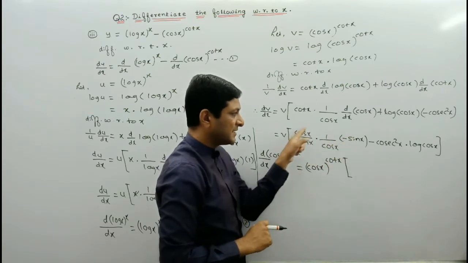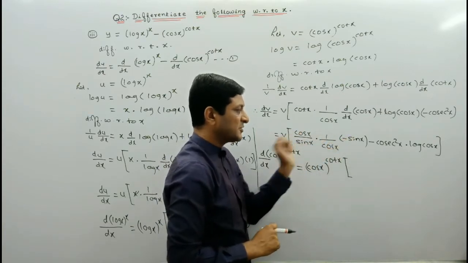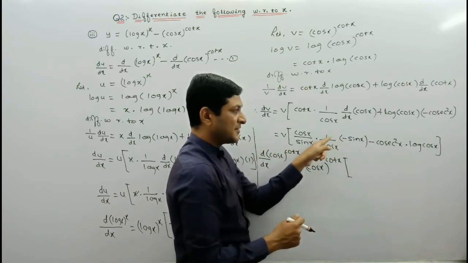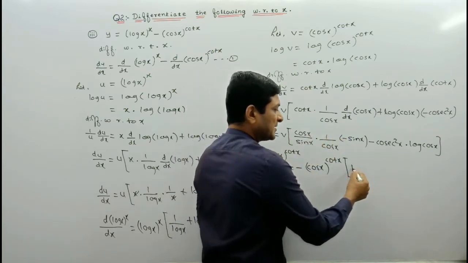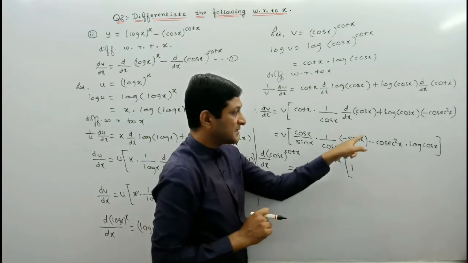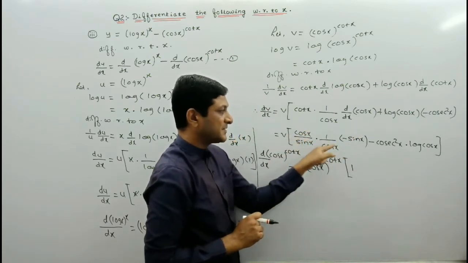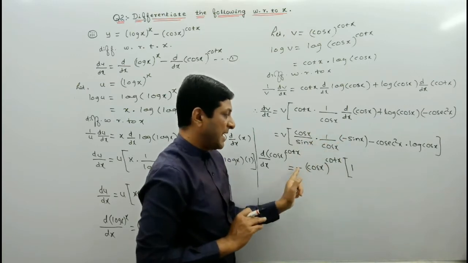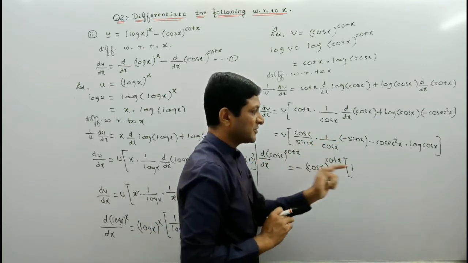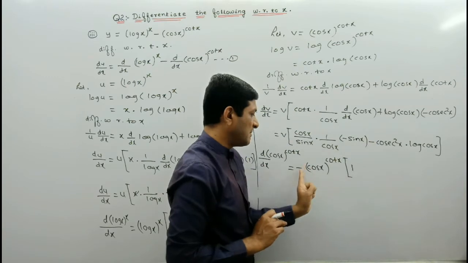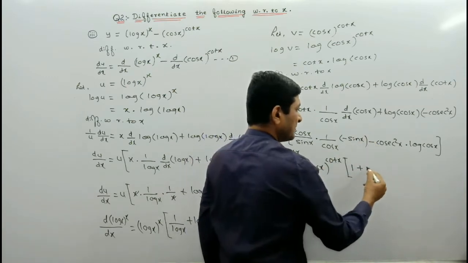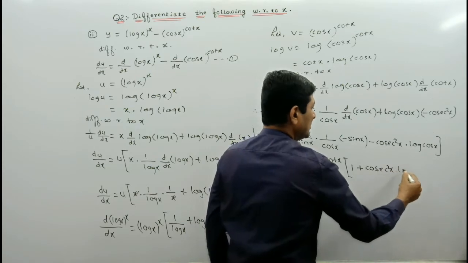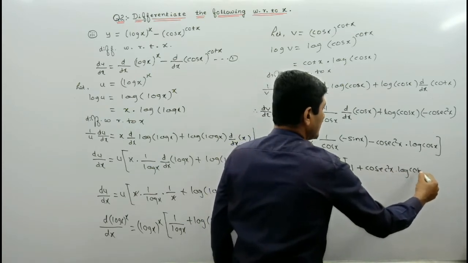After cancelling sin x and cos x, remaining term is minus 1, and taking minus common, the remaining term will be plus 1. Since we have taken minus common, this negative term will become positive, so plus cosec square x into log of cos x.